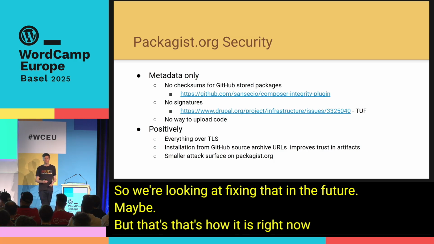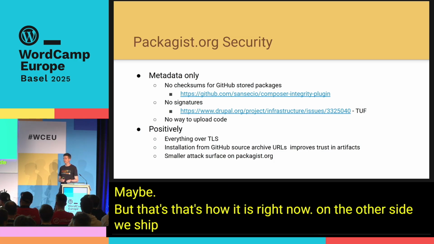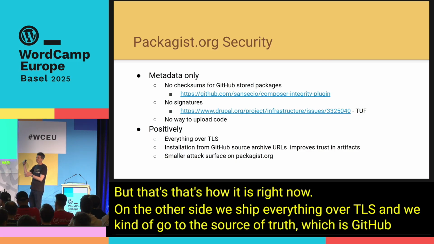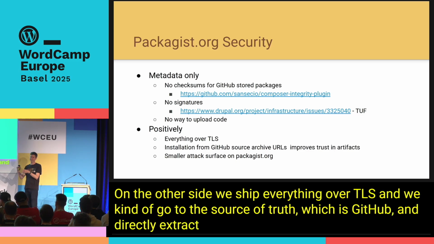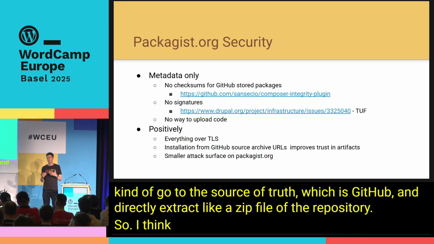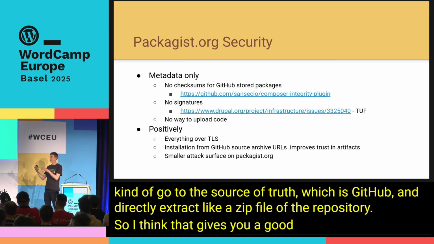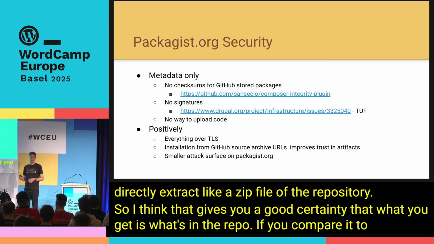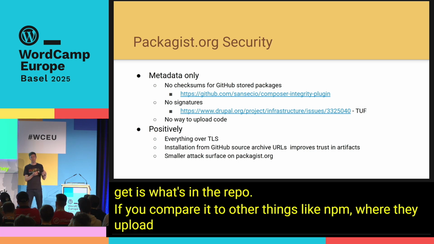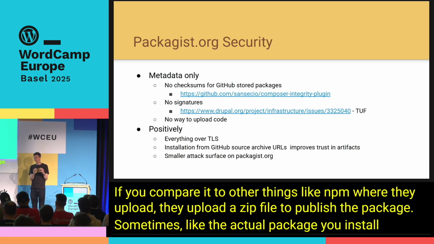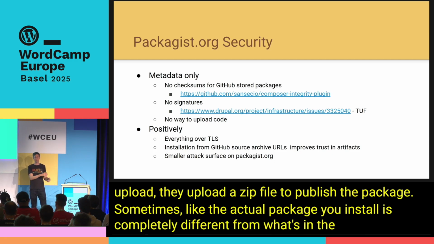On the upside, we ship everything over TLS, and we go to the source of truth, which is GitHub, and directly extract a zip file of the repository. So I think that gives you good certainty that what you get is what's in the repo. If you compare it to other things like NPM, where they upload a zip file to publish the package, sometimes the actual package you install is completely different from what's in the repository, because they built it.